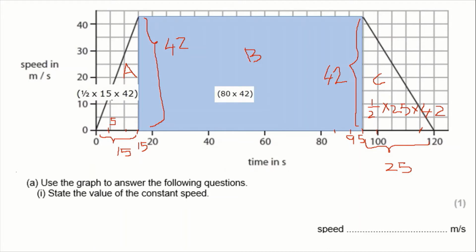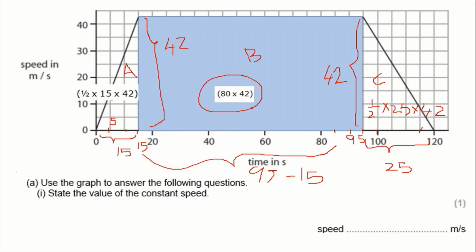Right? 95. So the side would be 95 minus 15, which is 80. So the area of B would be 80 into 42.